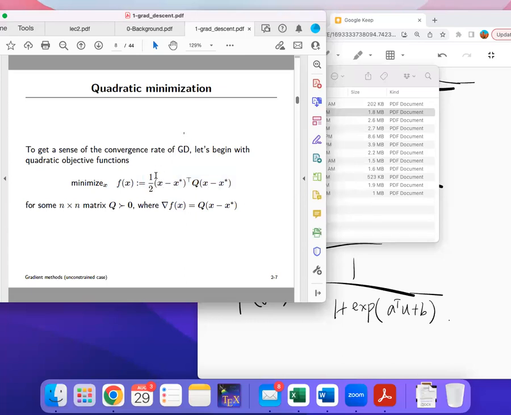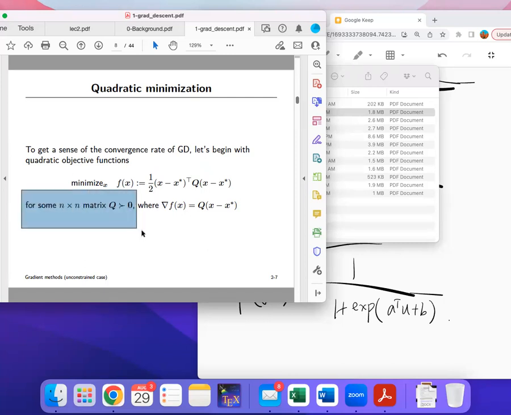So this x minus x star transpose is actually a row vector, a row times a matrix times a column vector. This f(x) is some scalar, right? So it's a scalar-valued quadratic function. And here we require this Q to be positive definite.